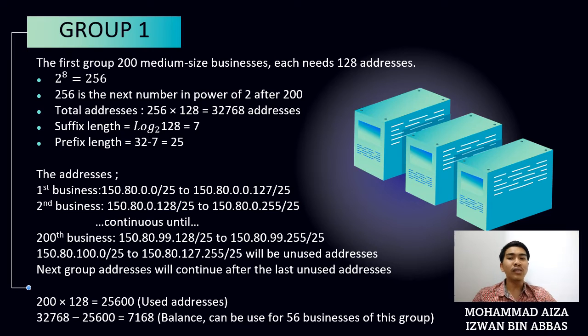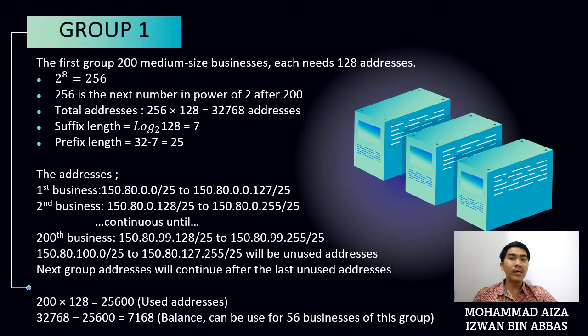From the addresses, we can conclude that the addresses from 150.80.100.0 to 150.80.127.255 will be unused addresses. So the next group of addresses will continue their numbering after these addresses.